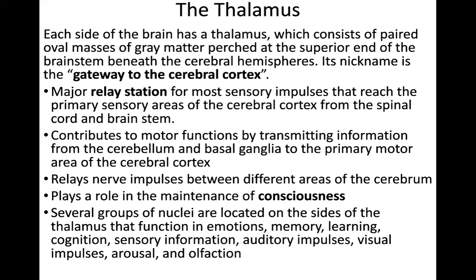We call it the gateway to the cerebral cortex because of the first bullet. It's the major relay station for sensory impulses, at least most sensory impulses, that ultimately reach the primary sensory areas of our cerebral cortex from our spinal cord and brainstem.